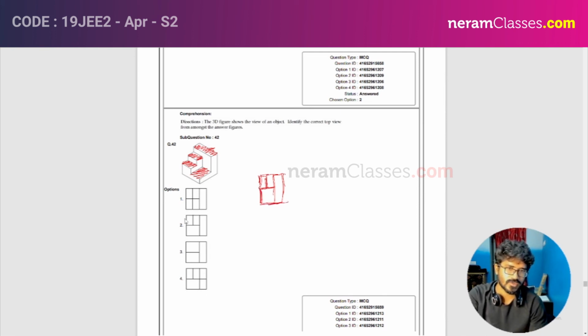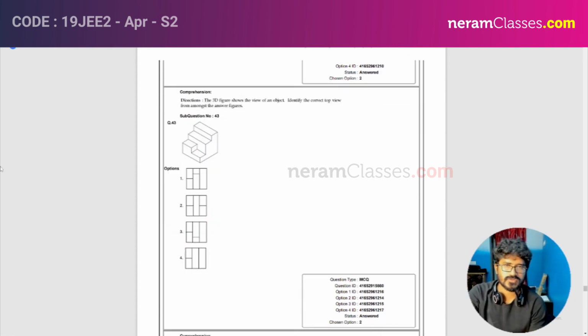So this is how the composition has to look in the top view. So if we filter this, option 1 is wrong, option 2 might be the answer, 3 is also wrong because we don't have a line here, and 4 is also wrong because we have a line here. So 2 is the correct answer.